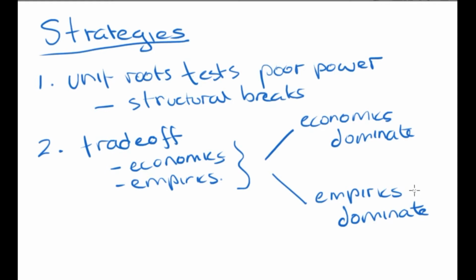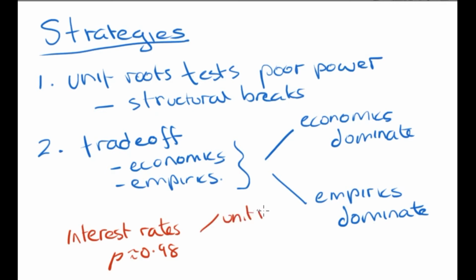And a really good example of the type of series where we actually see the differences in the literature are interest rates and inflation rates. In some applications, you will see interest rates, which typically have a rho of approximately 0.98, treated as unit root, and the people search for co-integration amongst them.